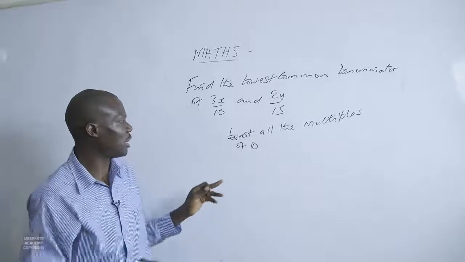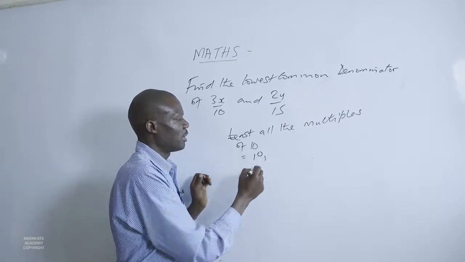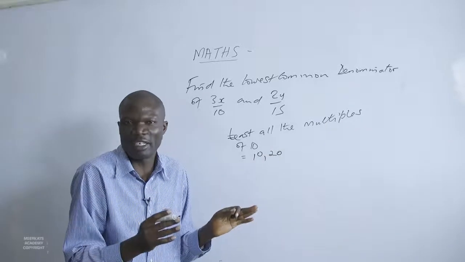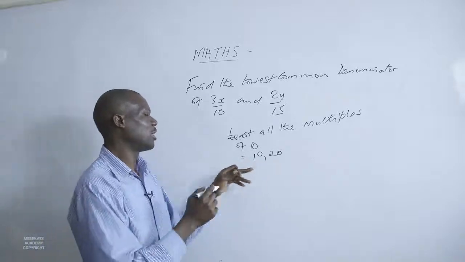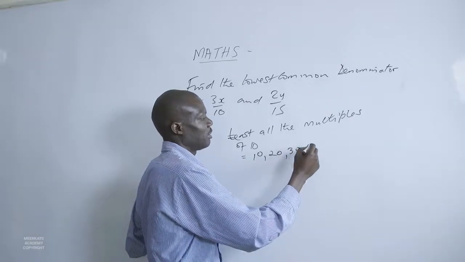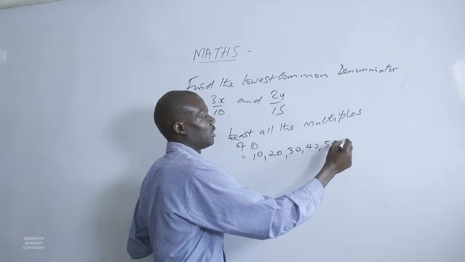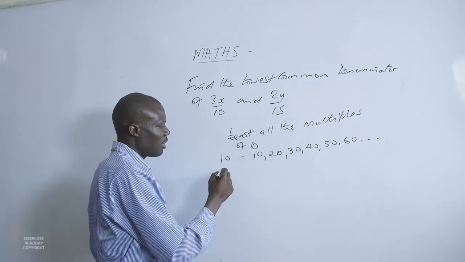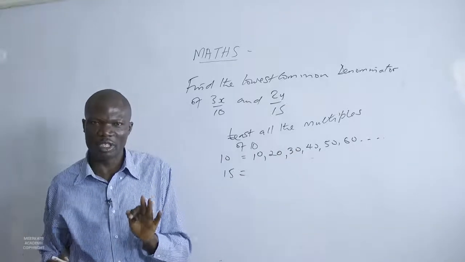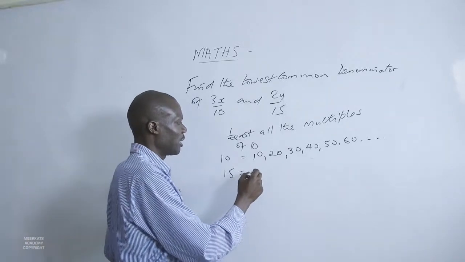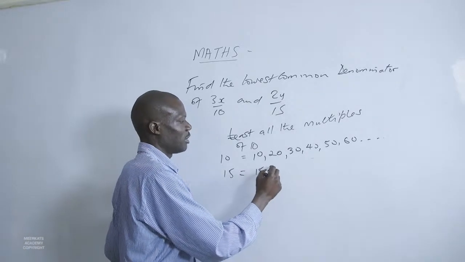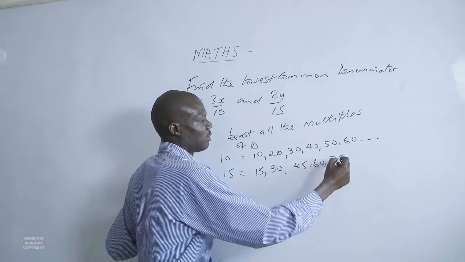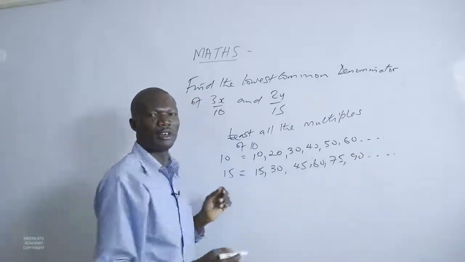They are 10, 20, 30, 40, 50, 60, and so on. Then these are multiples of 10. How about multiples of 15? Multiples of 15 are 15 itself, then 30, 45, 60, 75, 90, and so on.